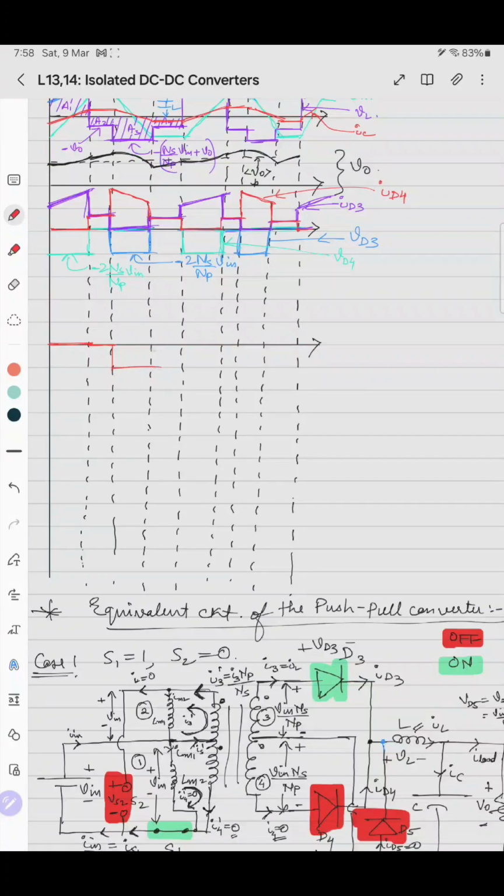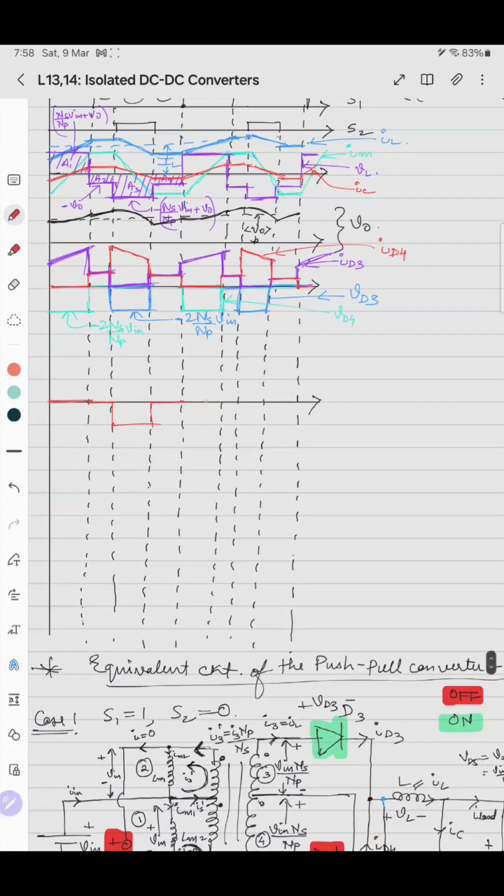Minus 2 V in, then again 0, then 0, 0, minus 2 V in, 0, 0. This is minus 2 V in, this is VS1.